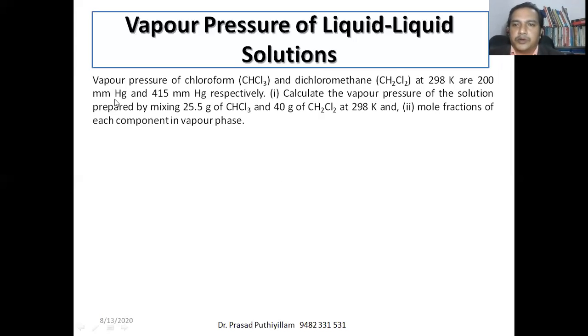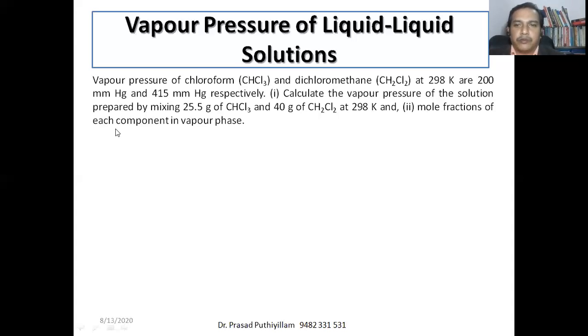The vapor pressures are 200 millimeter of mercury and 415 mm of mercury. Calculate the vapor pressure of the solution prepared by mixing 25.5 gram of trichloromethane or chloroform and 40 grams of dichloromethane at the given temperature 298, as well as calculate the mole fractions of each component in the vapor phase.